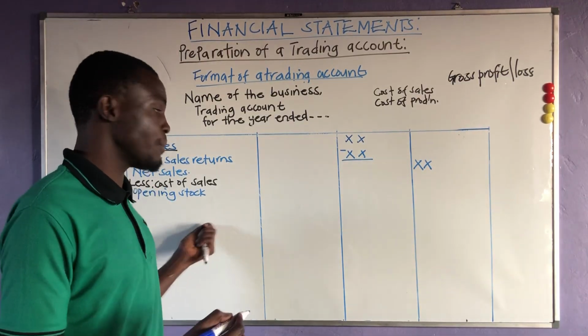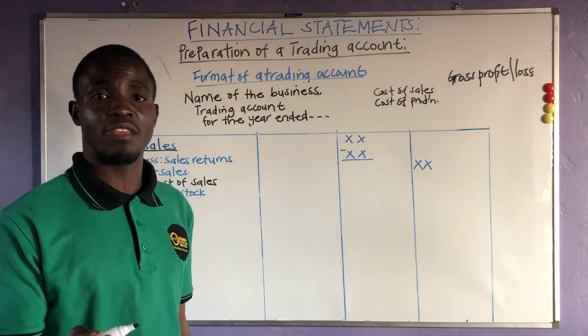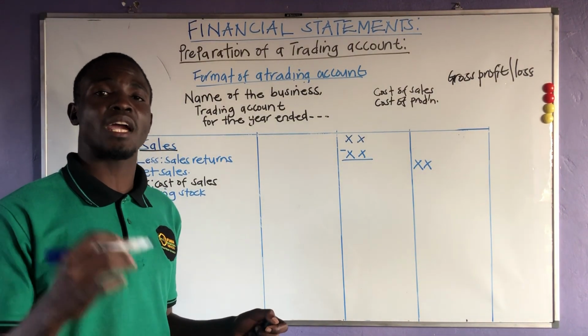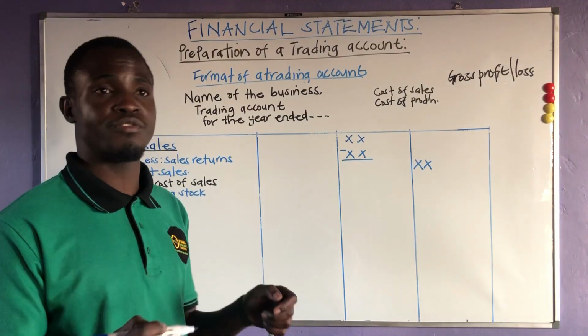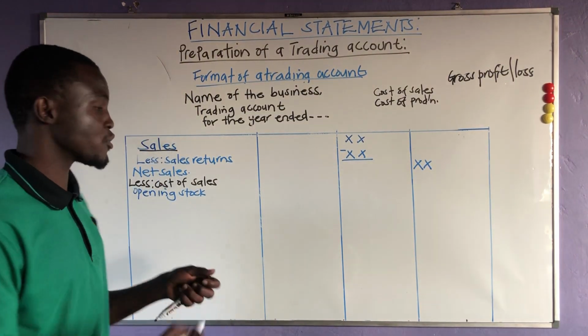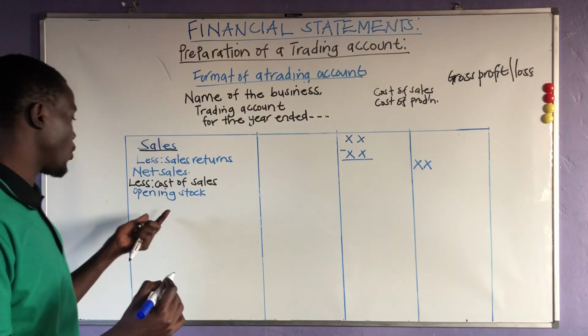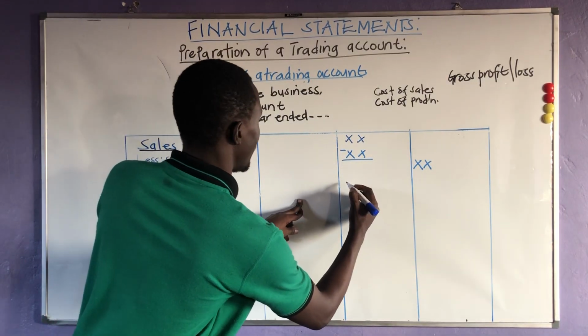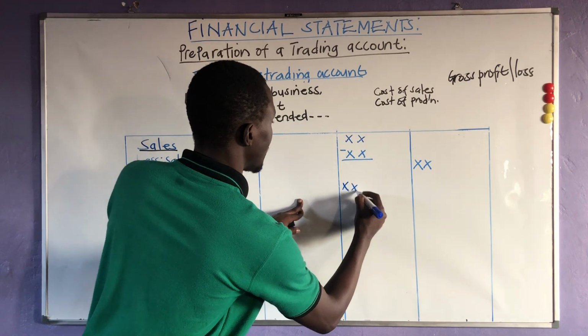For example, the opening stock of 2025 was the closing stock of 2024. Those are the goods left unsold in a particular year, so we carry them into the next year and call it opening stock. We post opening stock here.